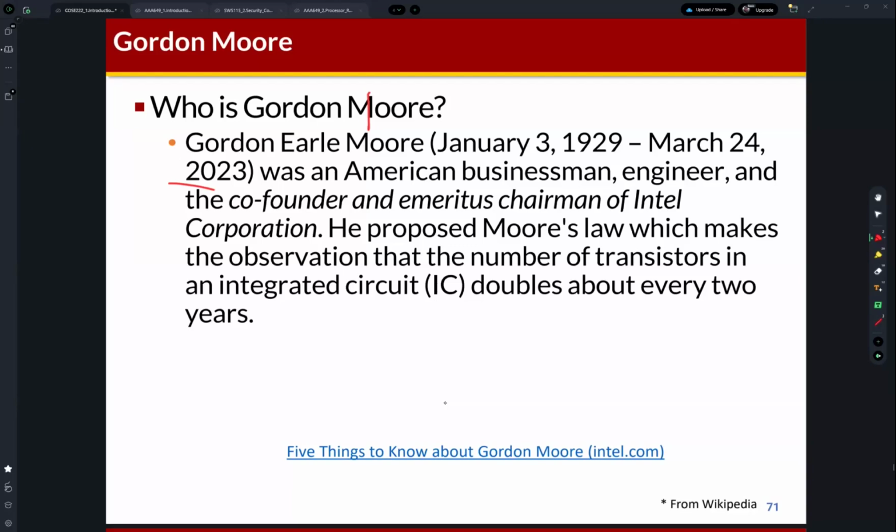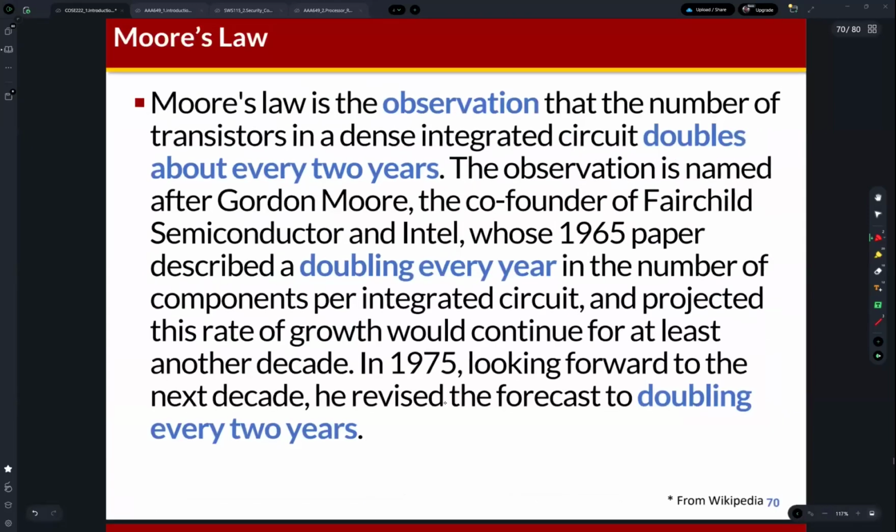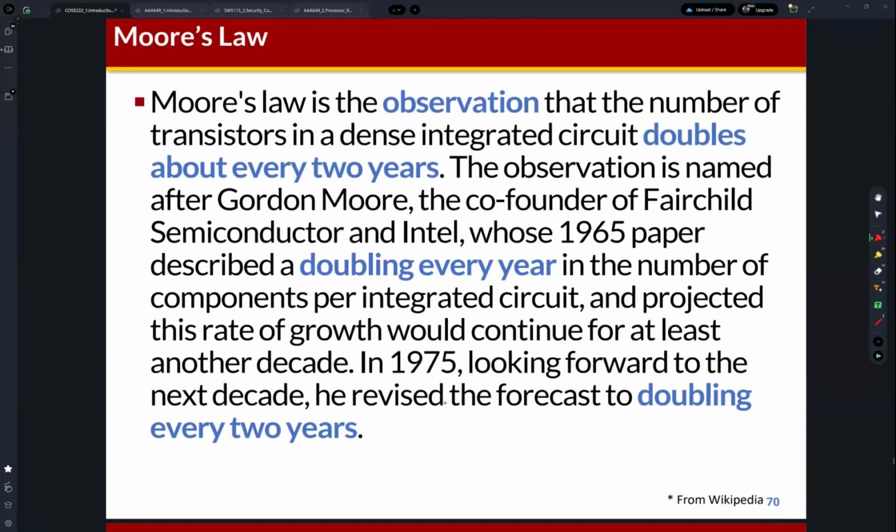He observed the trend of CPU development, the number of transistors in a single CPU, and found that the number of transistors per unit area increases exponentially. So this is Moore's law, and it is not a theoretical law.